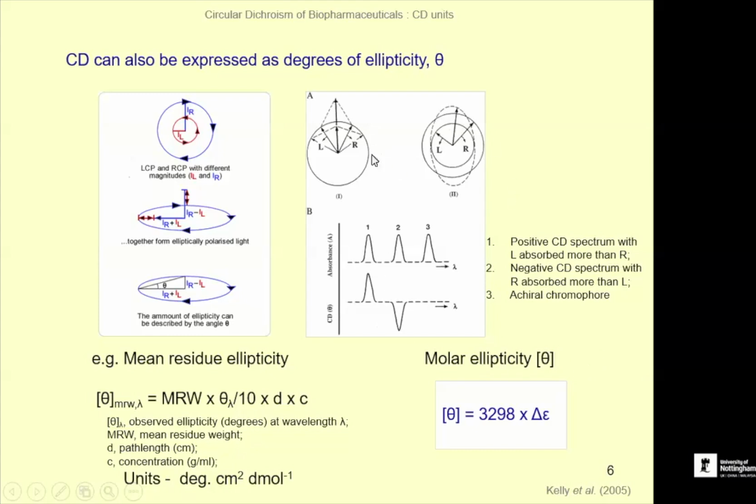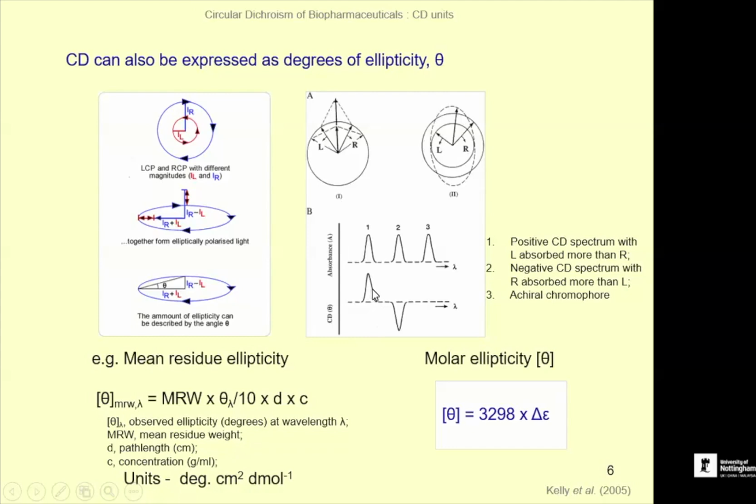So this graph is just to show what sort of spectra you will get in the case of absorbance and CD, shown here for a sample. So if in absorbance you get a positive peak here, and in CD you get a positively shifted spectrum here, then the positive CD spectrum is showing that the left-hand light is absorbed more than the right.